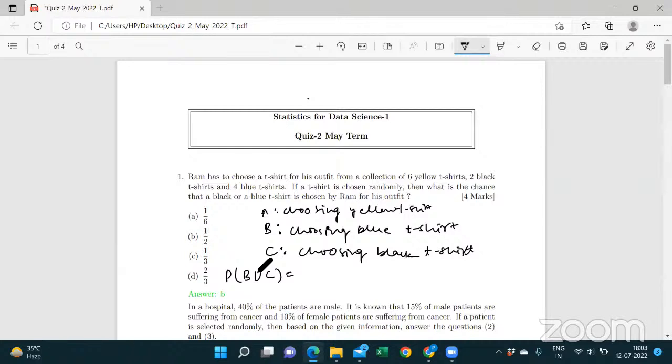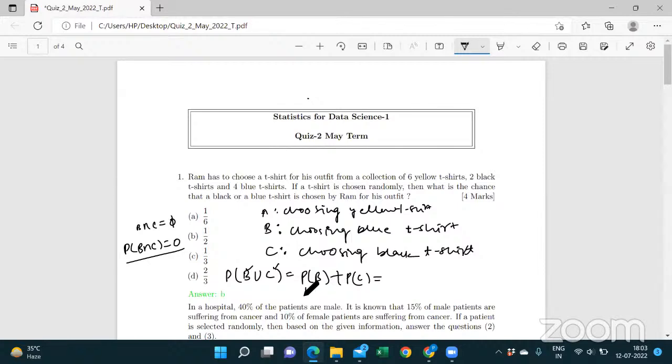Mutually exclusive, because choosing a blue t-shirt is disjoint from choosing a black t-shirt. So B intersection C will be empty, that means the probability of B intersection C will be 0. By the addition theorem of probability, I can do probability of B plus probability of C.